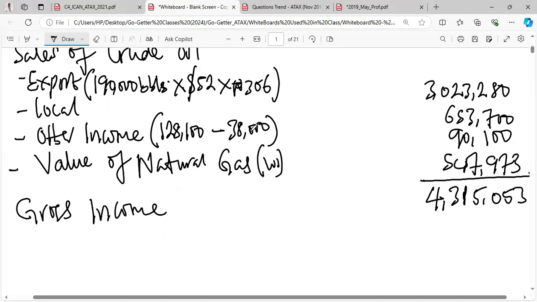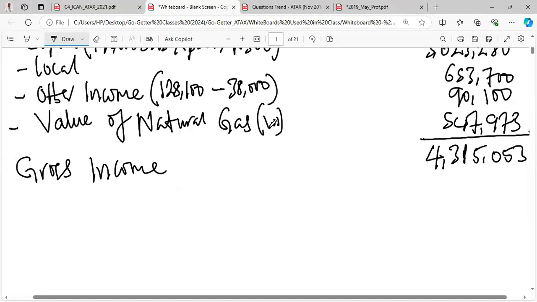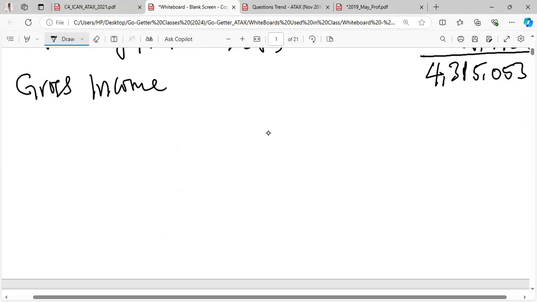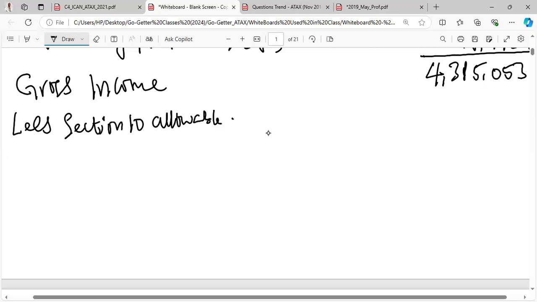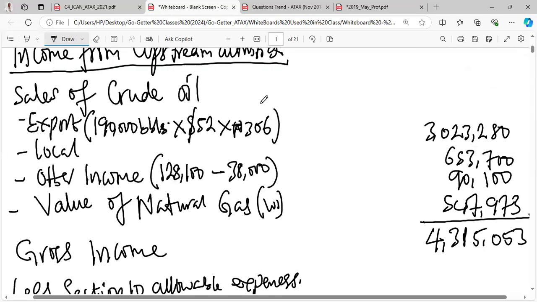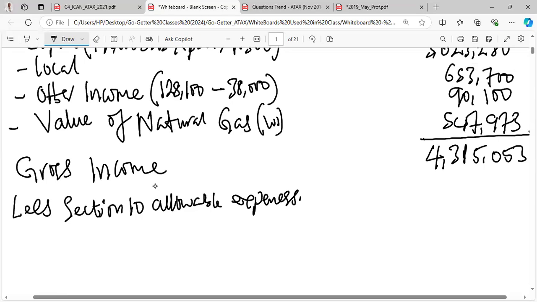All right, so we will now remove less section 10 allowable expenses. Whether you call it section 10 or you just say less allowable expenses, doesn't matter.